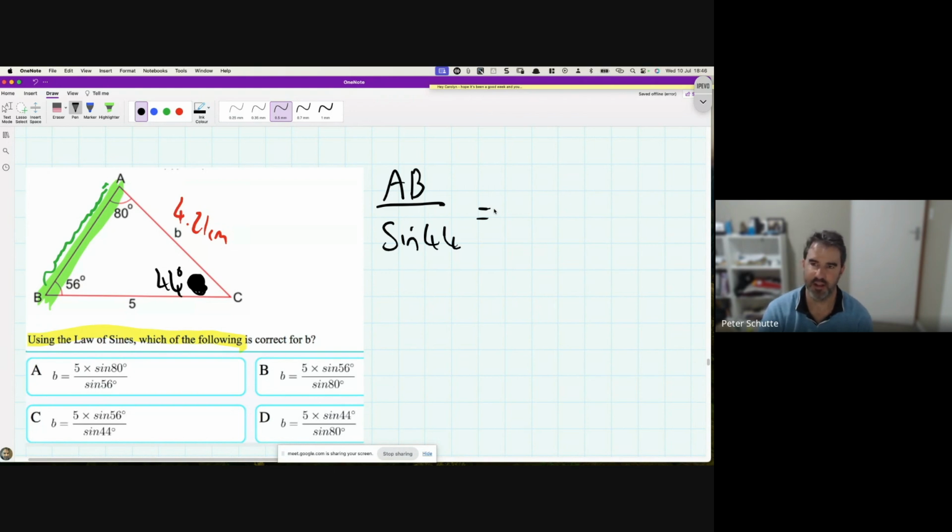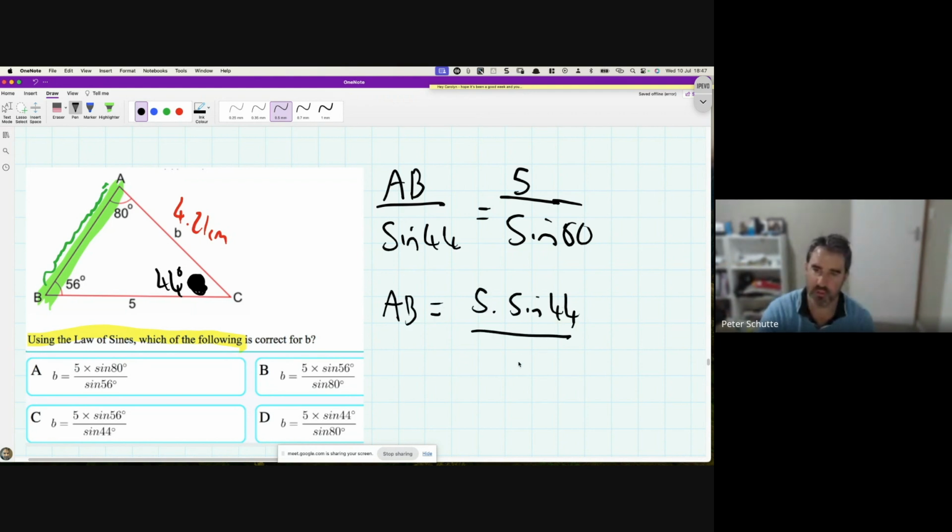What are you getting for the length of AB? So I'm going to go, this is going to be 5 over the sine of 80. I'm just going to use what we had here already. And then I'm going to move the sine of 44 to this side, and I'm going to get the sine of 80.